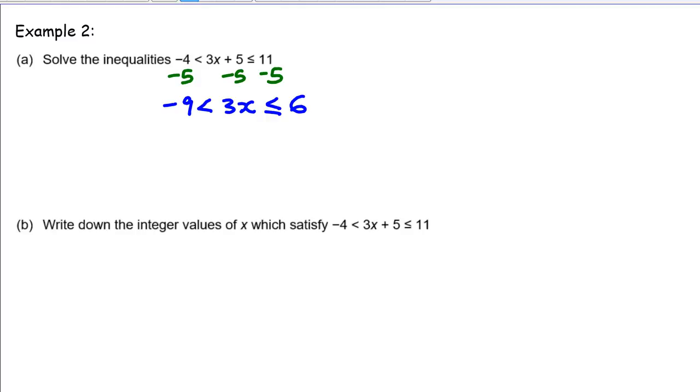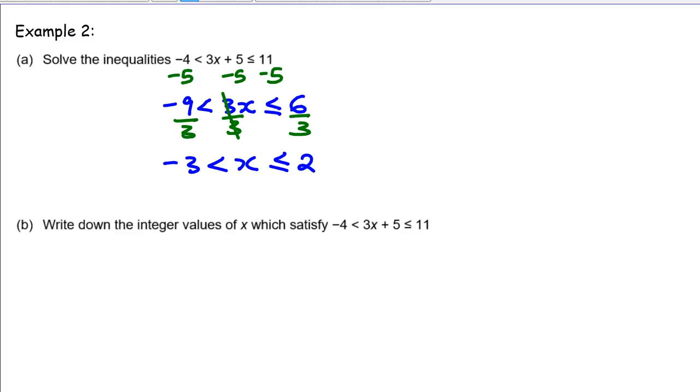And then, of course, the opposite of multiplying by 3 is divide by 3. So you divide by 3 on each side, and we'll end up with negative. So basically, x is greater than -3, but less than or equal to 2.